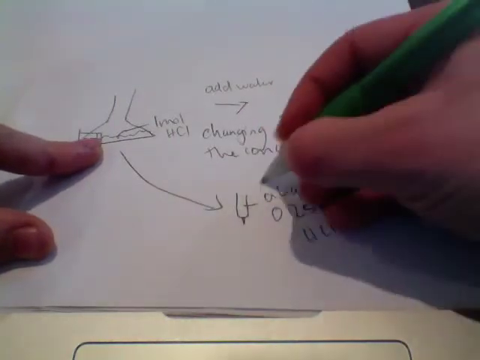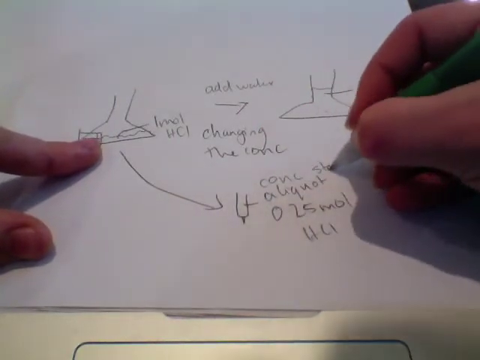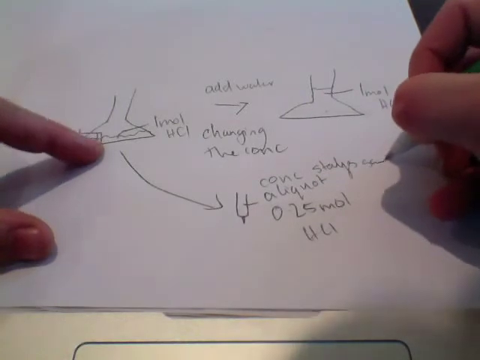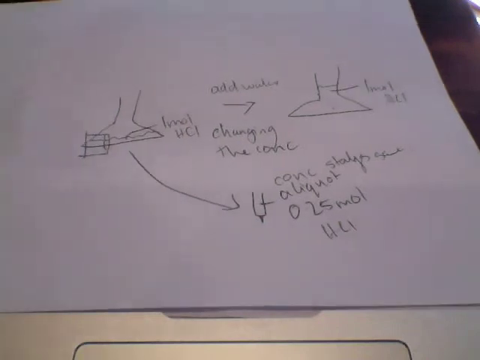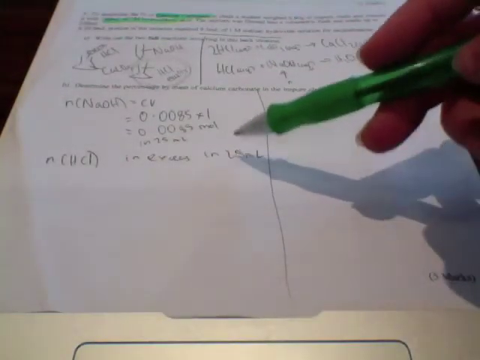But here, the concentration stays the same. So if you're taking an aliquot, you change the mole, keeping the concentration the same. If you are adding water, you are keeping the mole, but the concentration changes. We're diluting it.